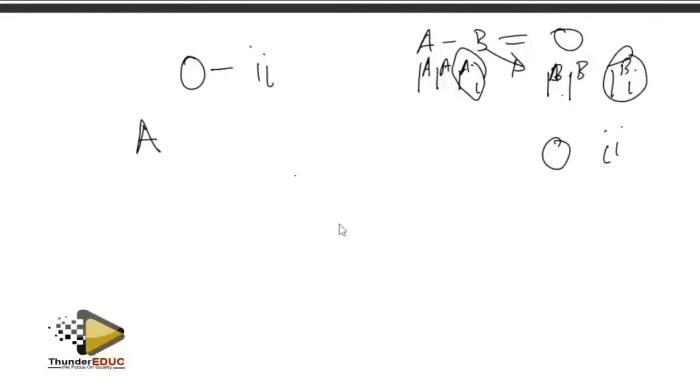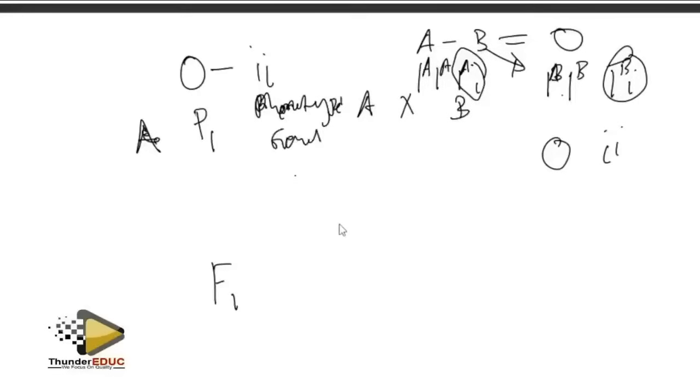So when you talk about the genotype, it's going to be the phenotype. So I'm going to say P1, F1, phenotype, genotype. I'm going to say A crossed with B, and then for genotype, I'm going to say A heterozygous crossing with B heterozygous.